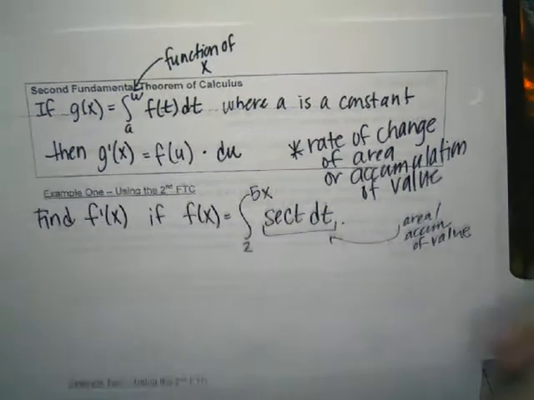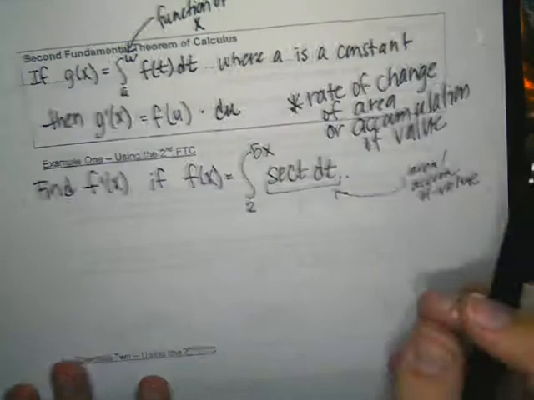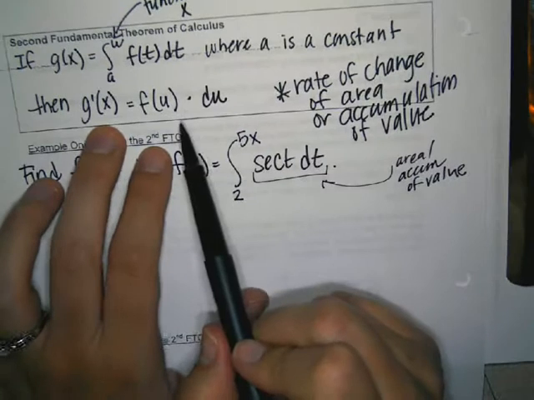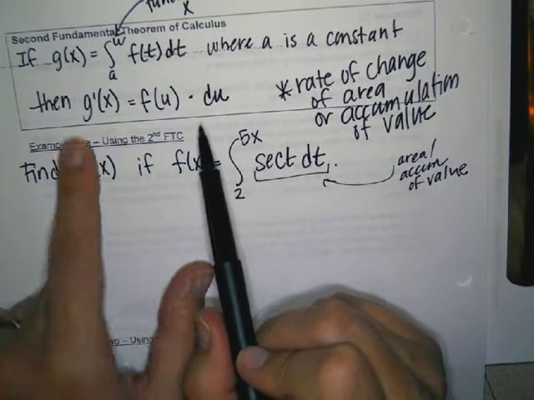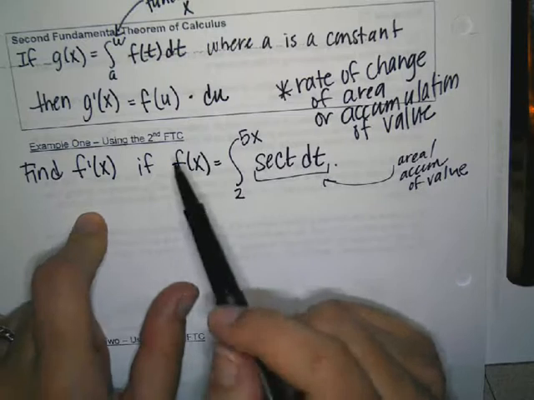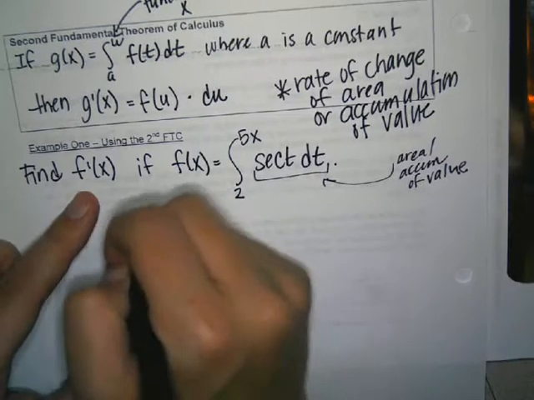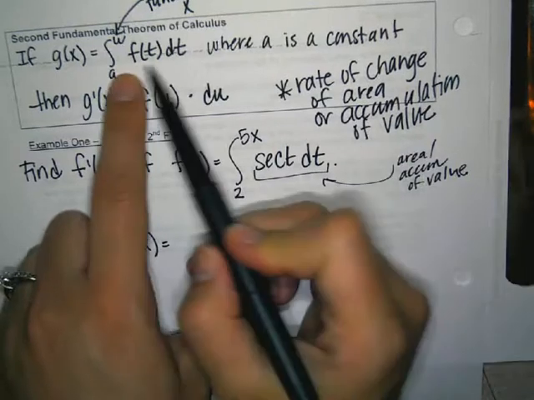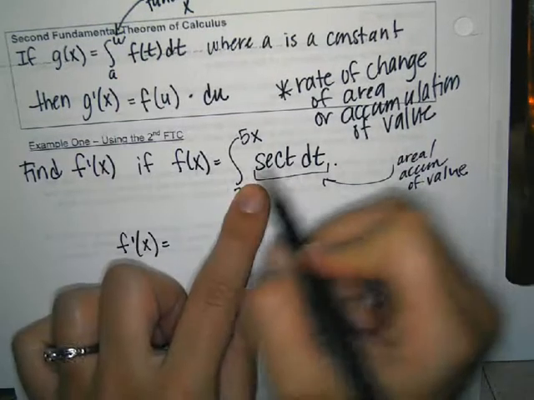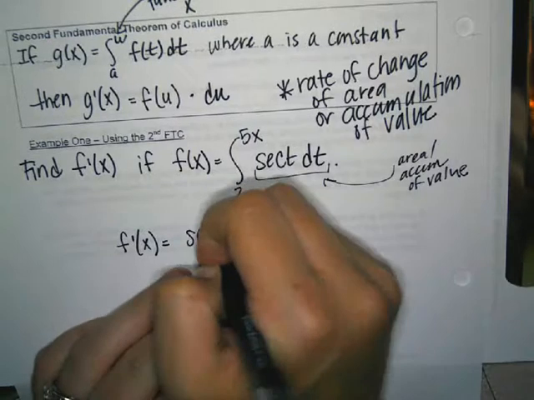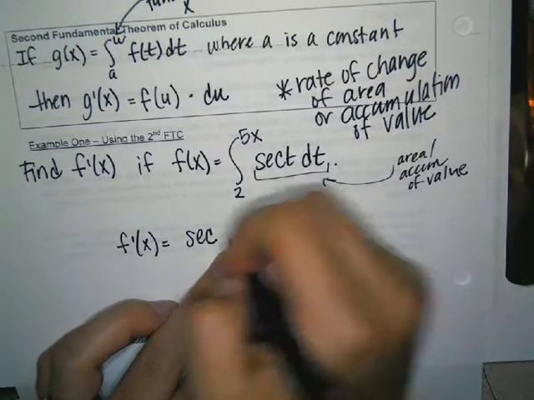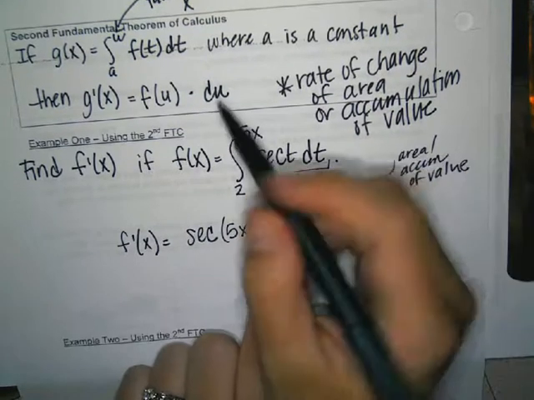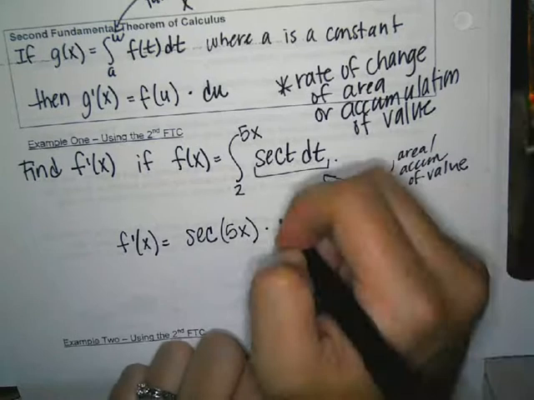And then my upper limit is a function of x in here. So to apply my second fundamental theorem of calculus, g prime would be the same thing as f prime here. f prime of x is going to equal f of u. So your function f is the one that's in the integrand. So it'll be secant of u, which is your upper limit, so secant of 5x, times du, the derivative of that upper limit function, so times 5.